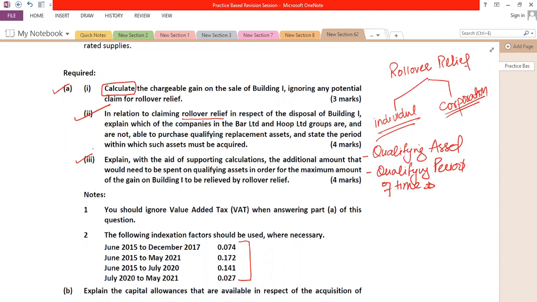Okay, so we have to compare the proceeds with the amount reinvested. But remember that we have to consider the asset which is used for trade purposes. And it was written that for a few months we are not using it for trade purposes.